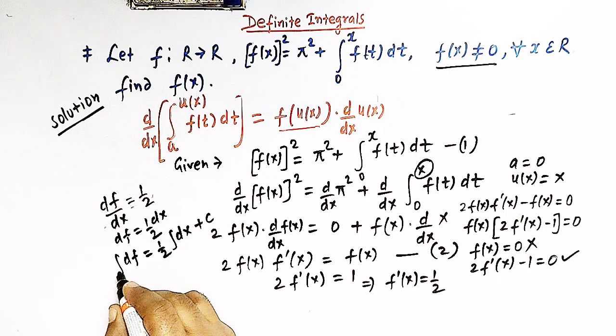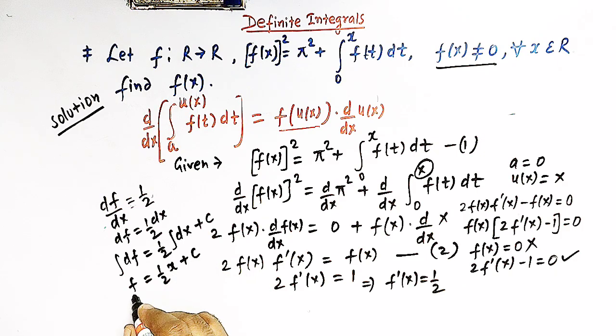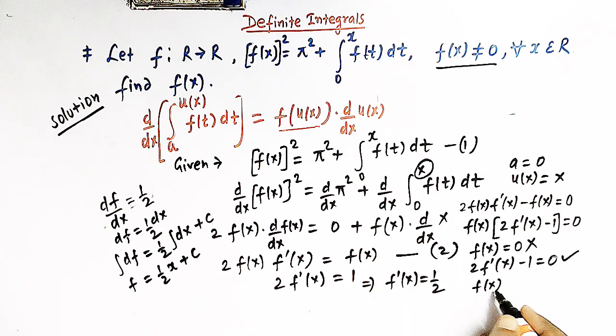Now the integral of df is simply f, and here we have half x. The integral of dx is simply x, and c is the constant of integration, right? So now again writing f of x for f, we have the function f of x is equal to half x plus c, right?